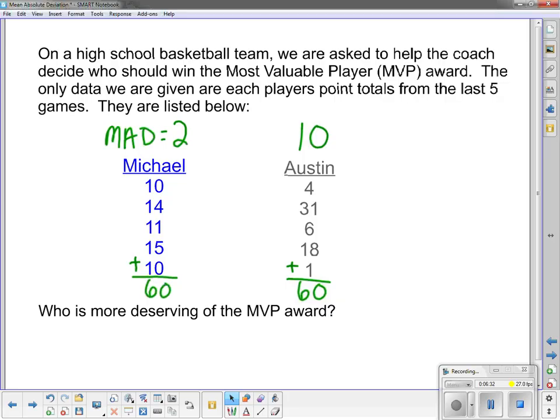And so you didn't really know what you were going to get with Austin, while with Michael, you knew exactly what you were going to end up with. You knew he was going to score 10 to 15 points every game, but Austin may have scored 1 or all the way up to 30 points. And so when it comes down to it, we're going to help the coach decide who the most valuable player was, and that was the player of consistency, Michael.